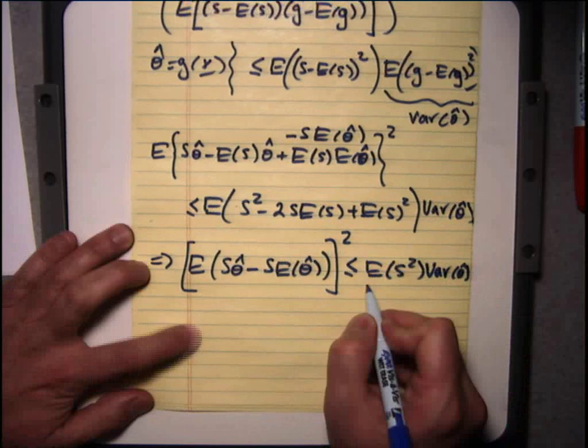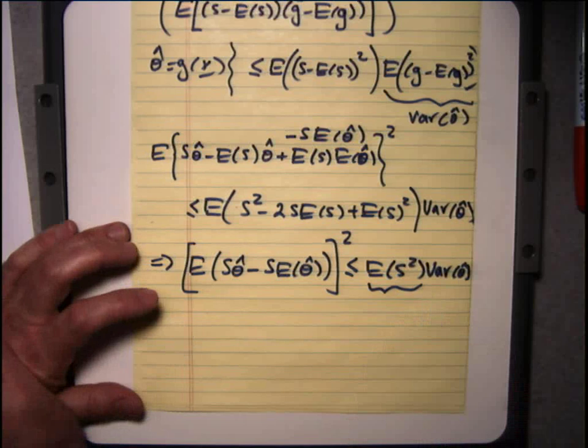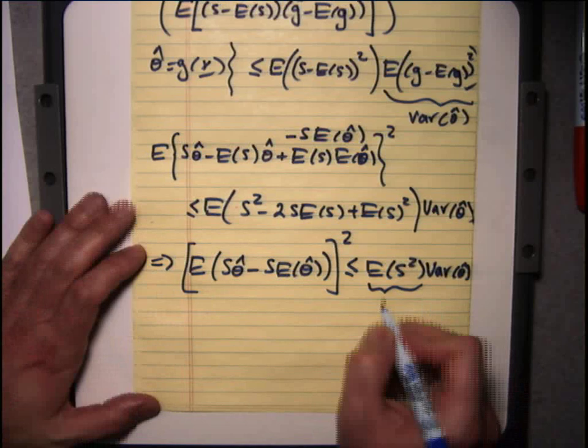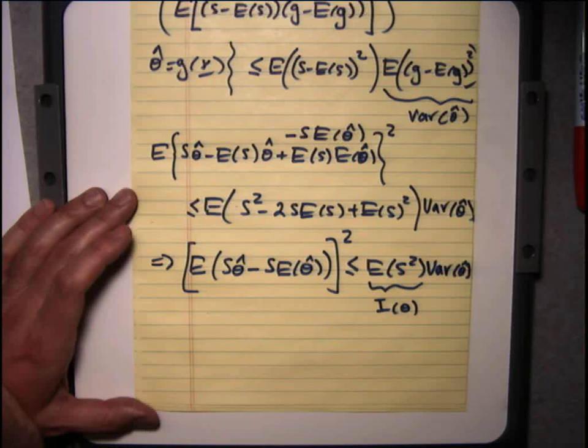Okay, this is what we called the Fisher information, right? I told you earlier the variance of s was the Fisher information. So I'm just going to rewrite this in a slightly different notation. It's called I of theta. This is the Fisher information.